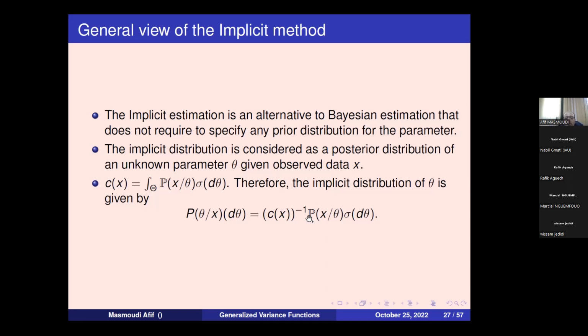The likelihood function. You denoted it by P. It is the density function of the observation given the parameter theta, in general. Okay, understood. Thank you.